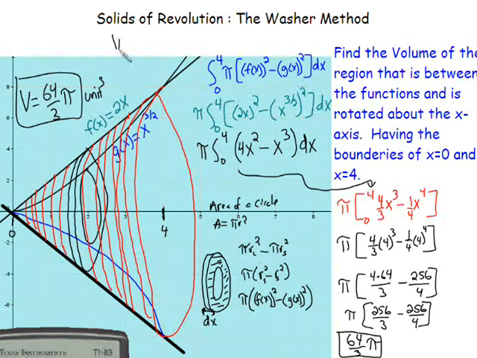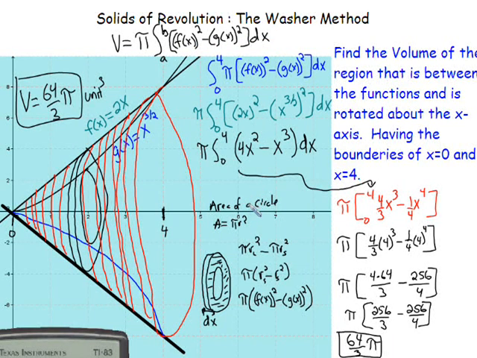So volume is going to be equal to pi, the limits of A to B, which is lower to larger limits, boundaries, and then f of x squared minus g of x squared, the integral of all that.